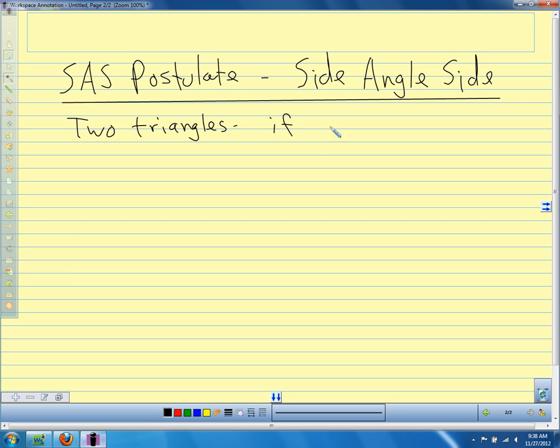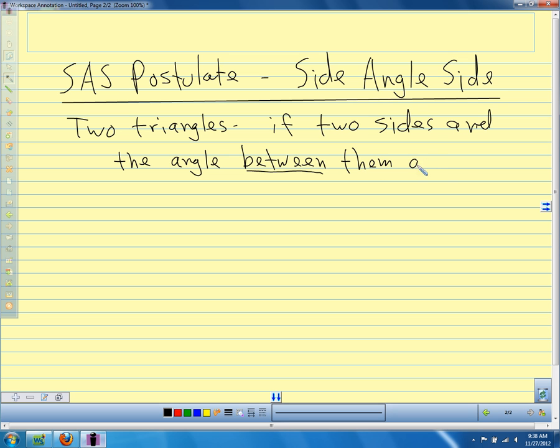And if two sides and the angle between them are congruent, then the triangles are congruent.